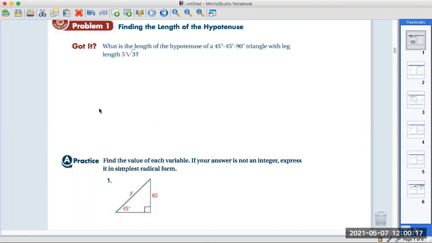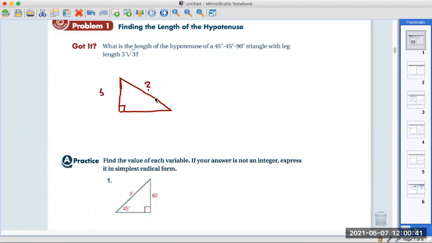So I'd like you to start by drawing a right triangle for these kinds of questions. If they don't have an image there, you draw it yourself. This is your hypotenuse, right? What is the length? That's what we're looking for.